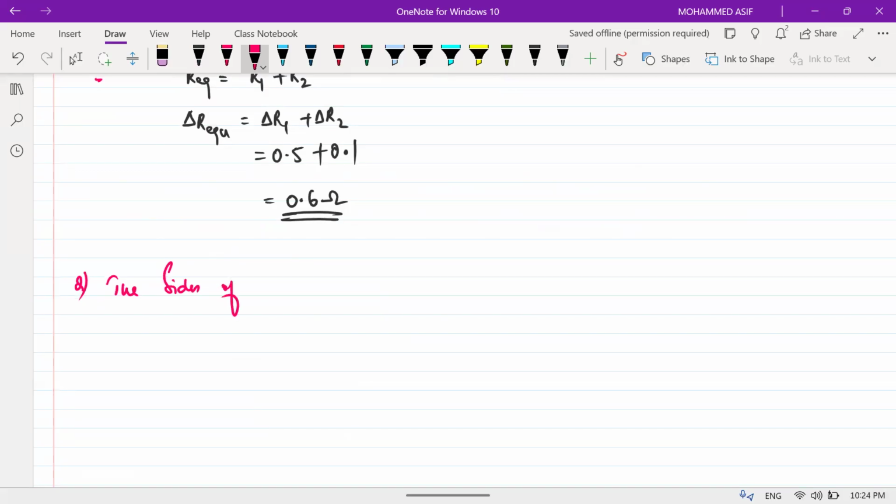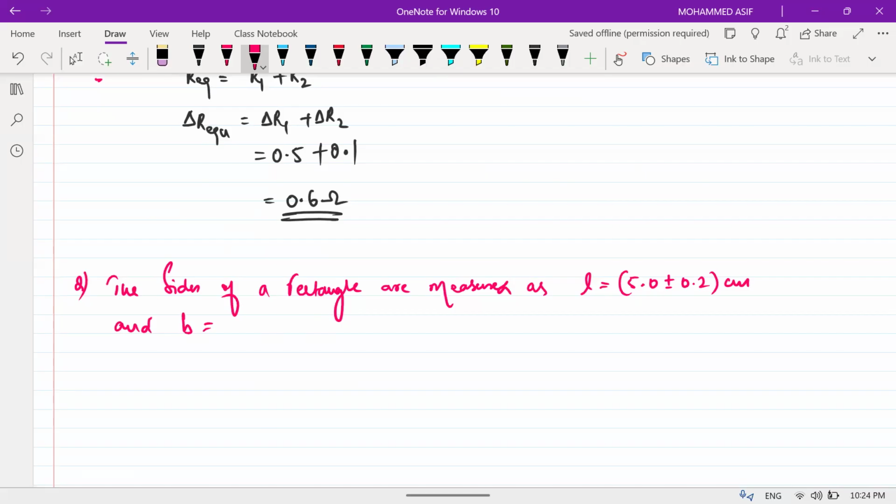The sides of a rectangle are measured as L is equal to 5.0 plus or minus 0.2 centimeters, and breadth B is equal to 2.0 plus or minus 0.5 centimeters.